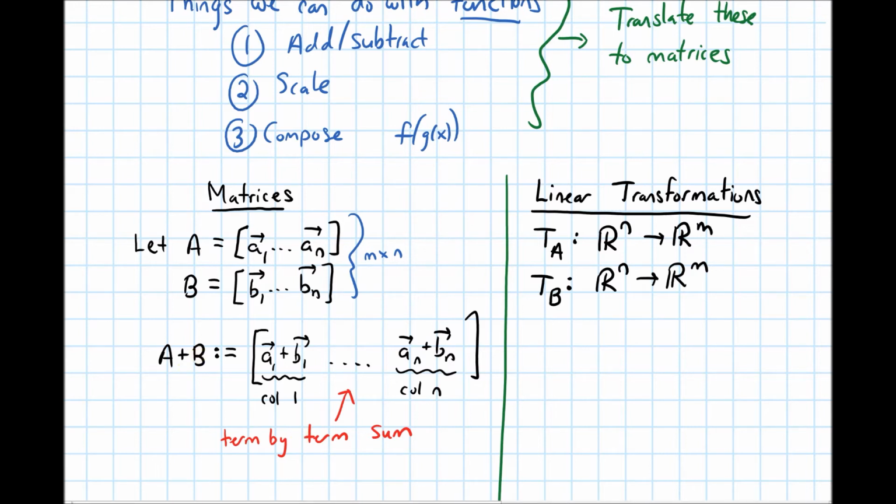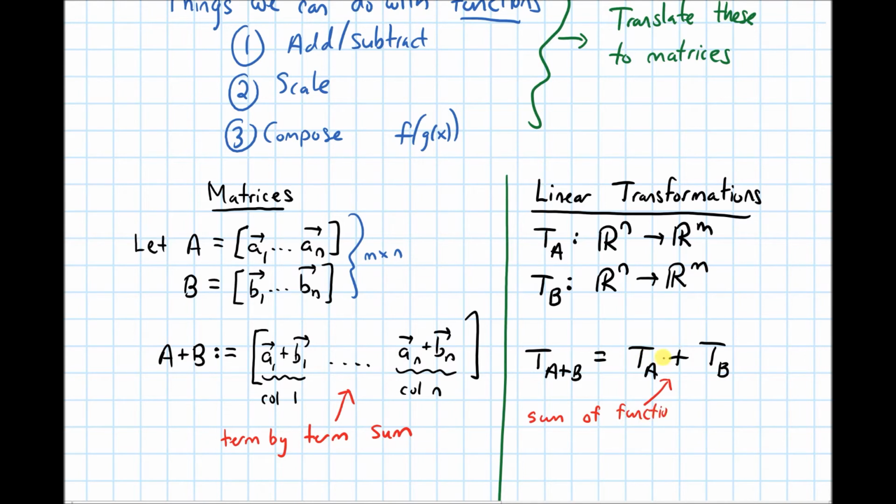In the context of functions, if I wanted to write down the transformation for the sum of these two matrices, so the transformation for A plus B, that's equal to the transformation associated to A plus the transformation associated to B. And what this means is it's thinking of this as a sum of two functions.